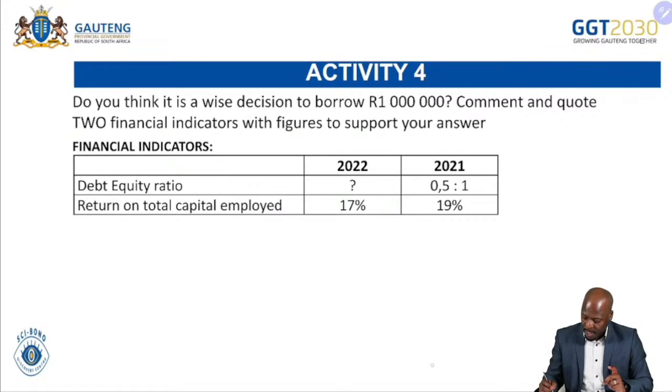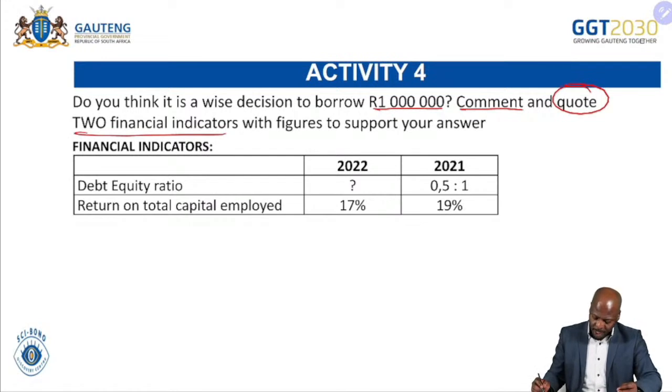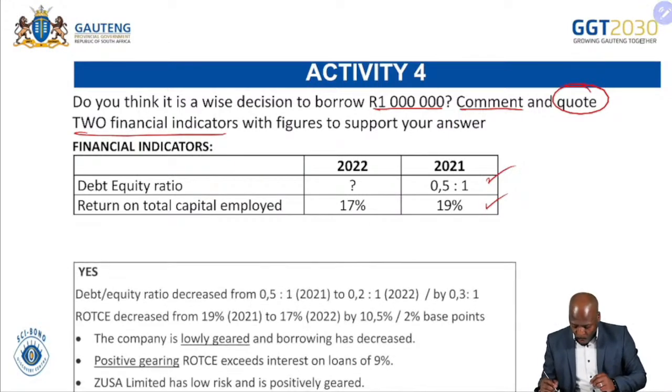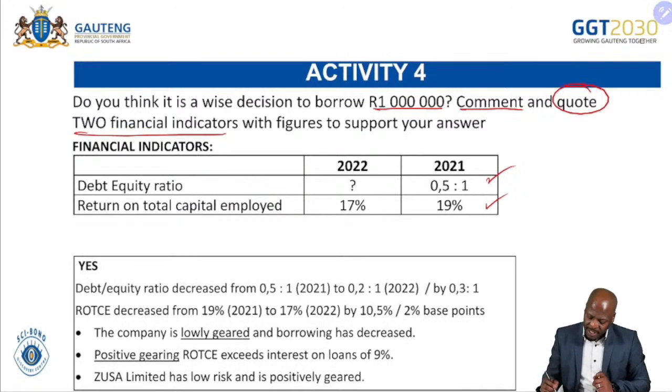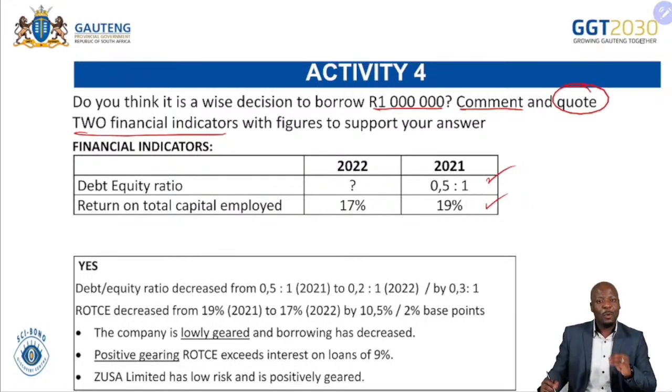They want us to talk about the idea of borrowing the 1 million, and then we must comment and we must quote 2 financial indicators with figures. Okay, so what do we have? We have the debt equity ratio as well as the return on total capital employed. What do we say? Was it a wise decision?